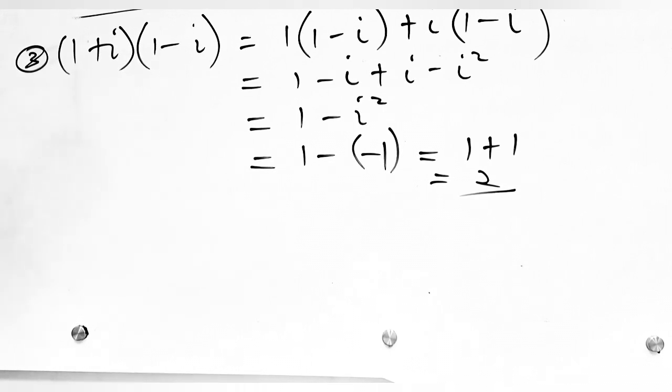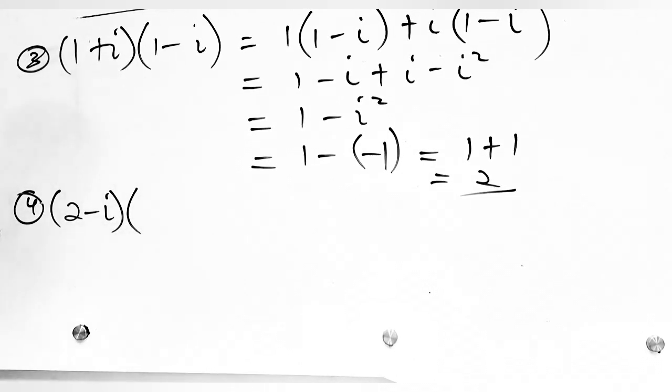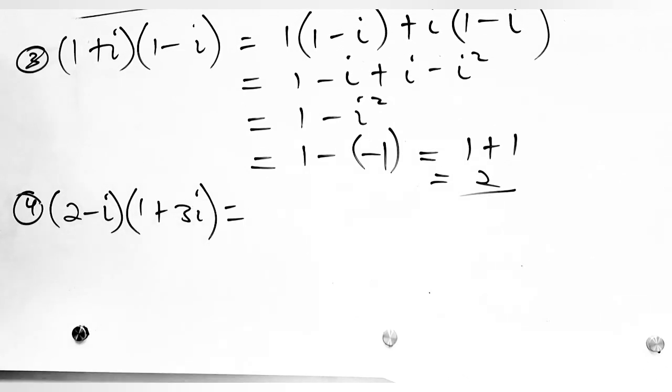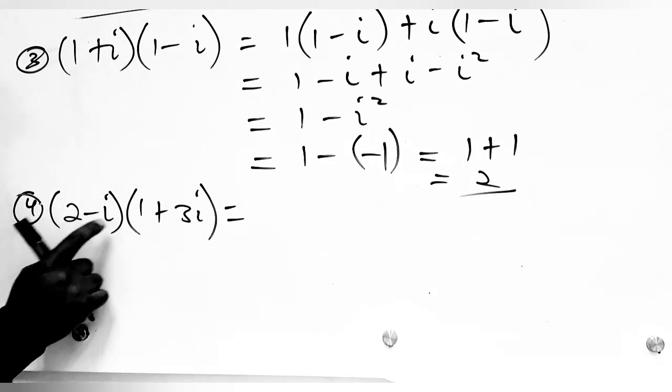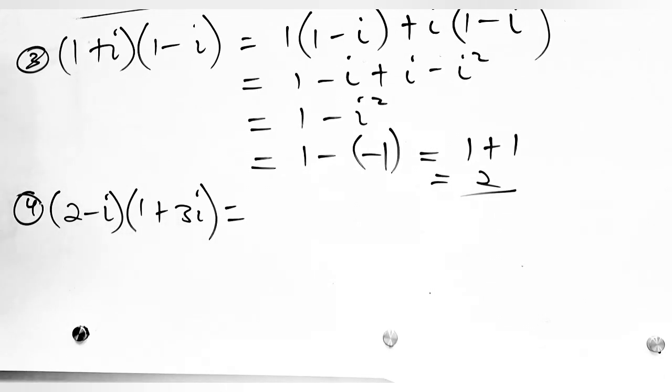Now let's have another example on multiplication of complex numbers, which is (2 - i) multiplied by (1 + 3i). This is equal to 2 multiplying this bracket and minus i multiplying this bracket.